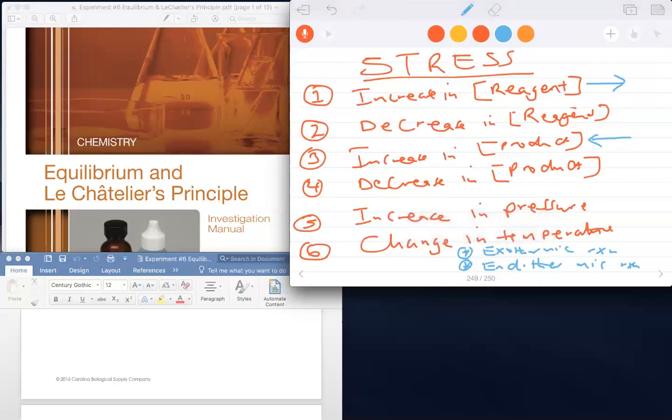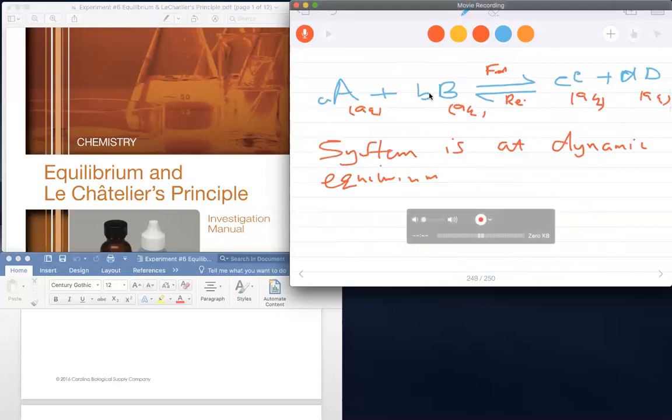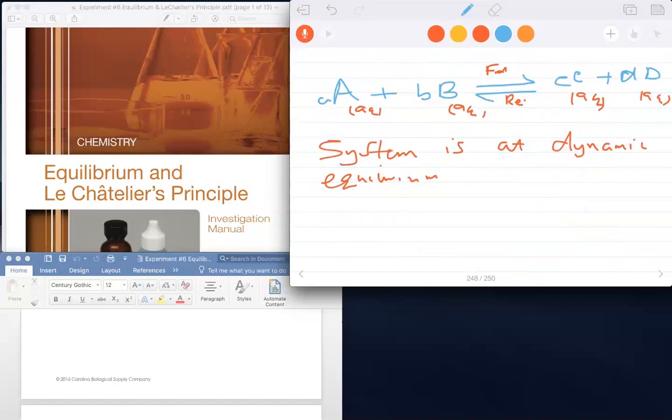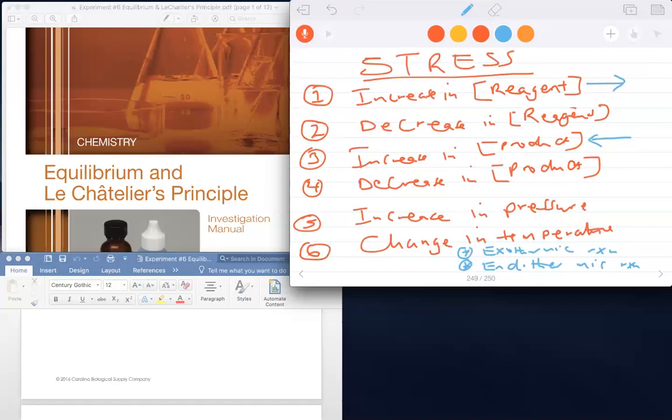Now, if we are subjecting the system at equilibrium to some stress by removing B or decreasing the concentration of B, it will shift towards what you are removing. So here, if I'm decreasing the reagent, it will shift in this direction to replenish what you are taking away from the system.